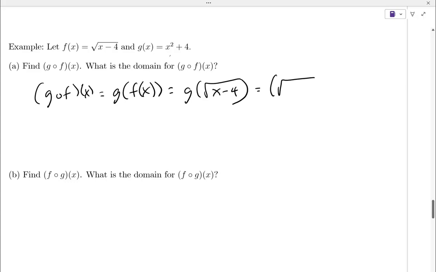So we would have square root of x minus 4 squared plus 4. That's unsimplified, right? If you were to simplify this, what would you get? What happens with your square root and your square? They cancel each other out. What would happen with your minus 4 and your plus 4? They cancel each other out. You end up with x. Okay? We agree?